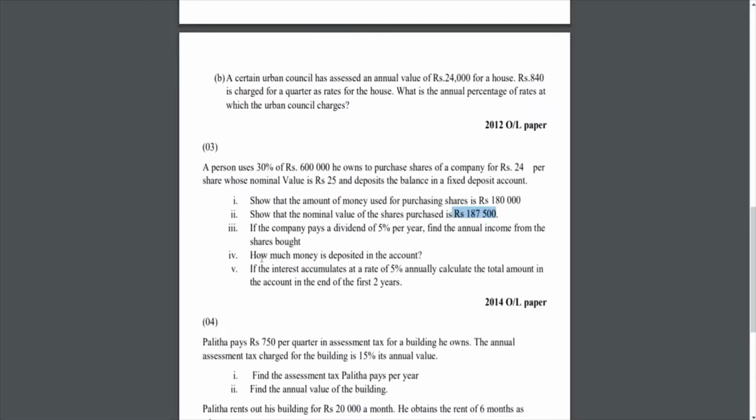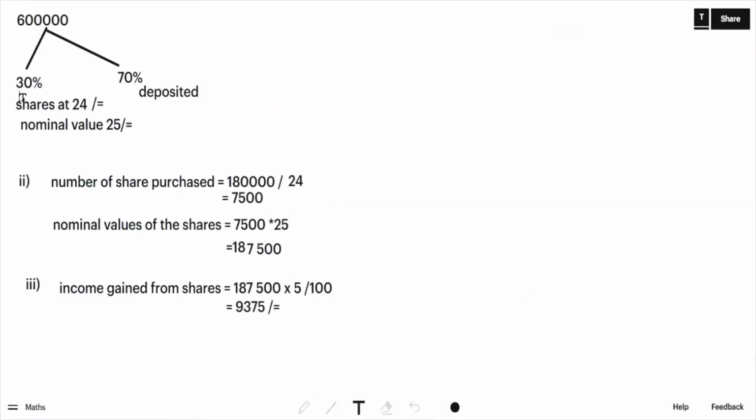In the fourth part, they are asking how much money is deposited in the account. To find that, we know earlier we found that 30% is used to buy the shares and the remaining 70% is deposited. They are asking for the value of this 70%.